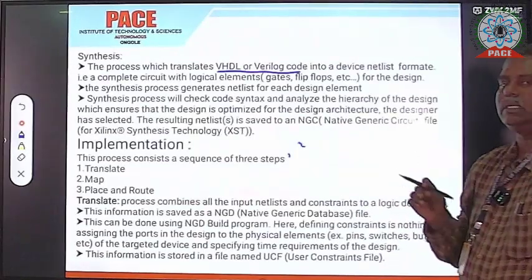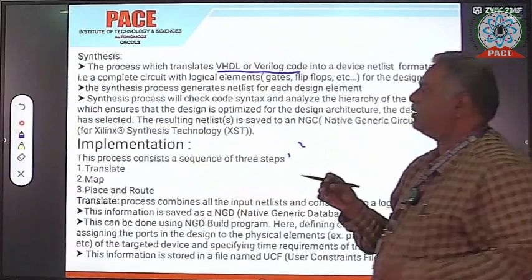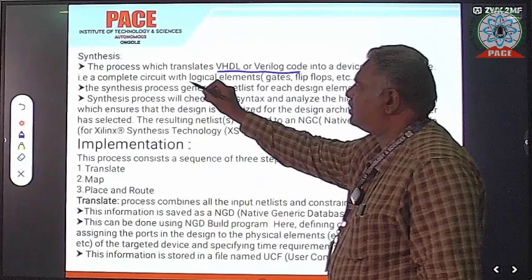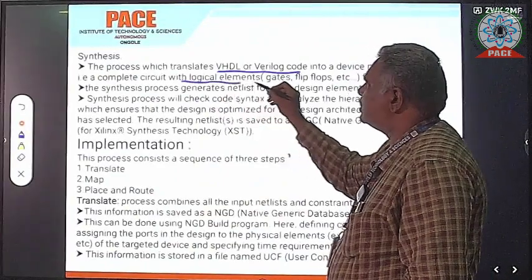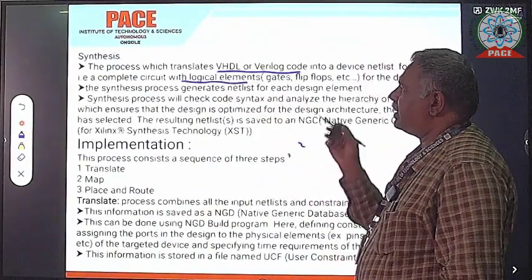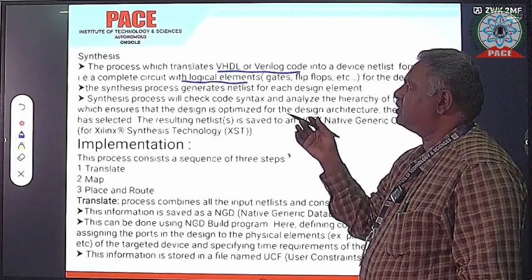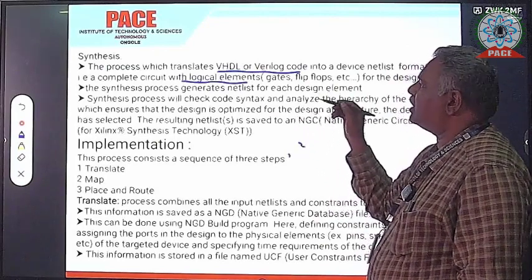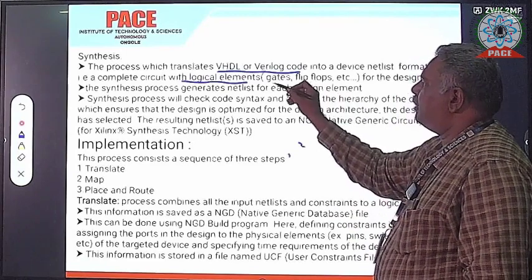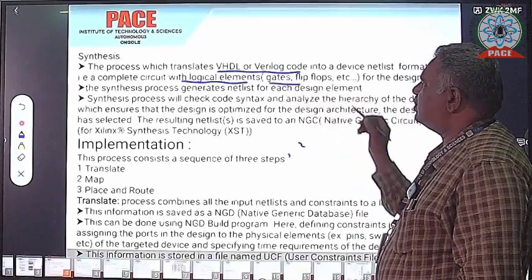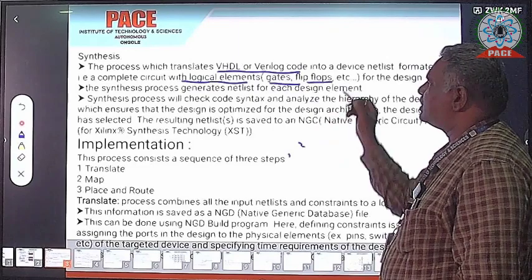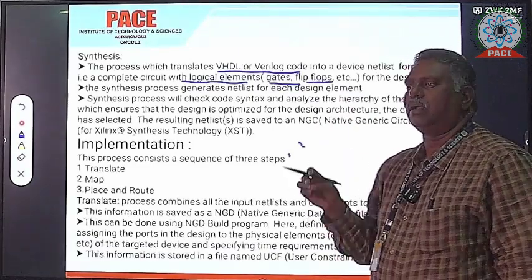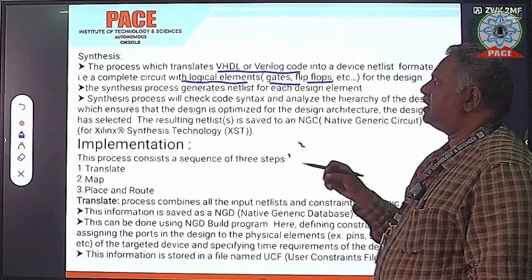What is VHDL or Verilog? It is logical elements. With logical elements, the circuit is going to be designed, and by writing a program we are going to see the logical elements. The logical elements used in FPGA are gates and flip-flops. These are the basic elements used in FPGA technology.